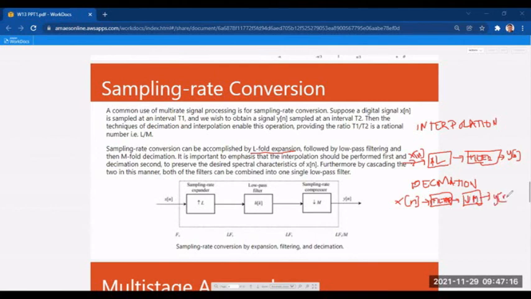Okay, so as we can see, the common factor between interpolation and decimation is the filter. That's why, combining the two, we have the filter in between.